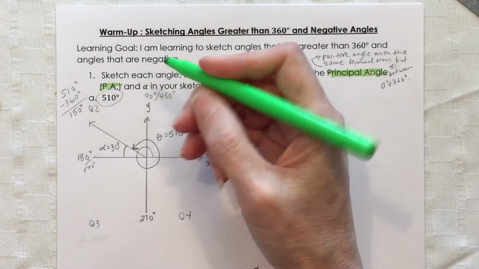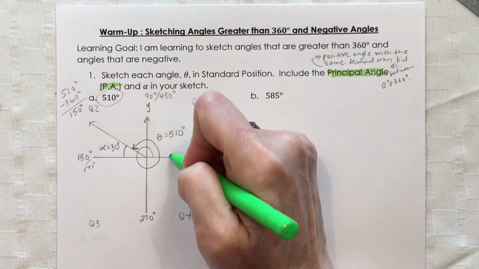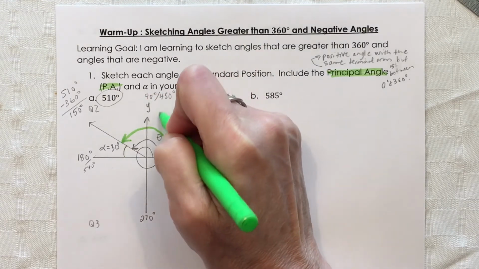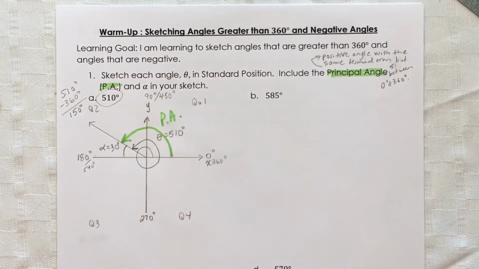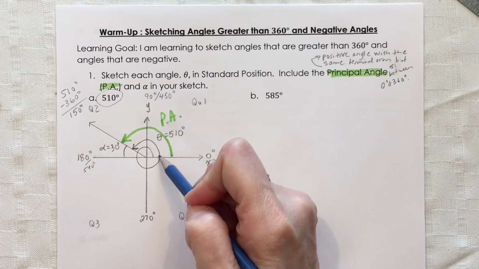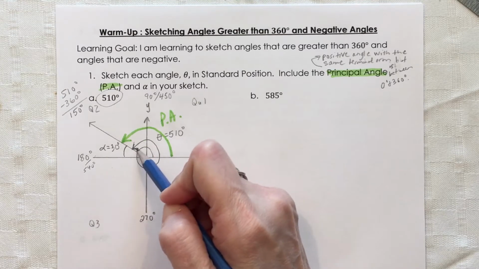So I'm going to draw it in a different color. So this green angle, and this does have an arrow, is my principal angle. Okay, so there's three angles drawn on here. So 510, 360 plus 150 is 510.